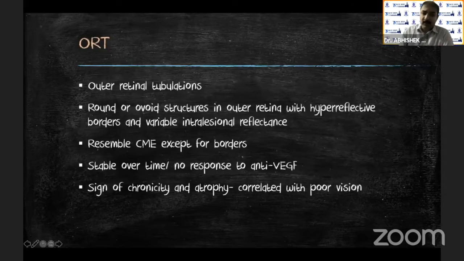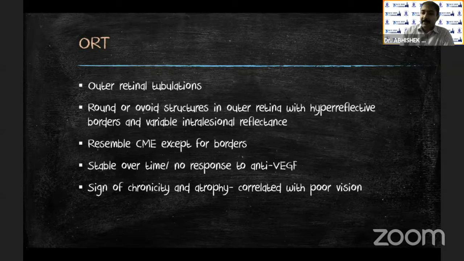Now, this is one of the most remarkable, easy-to-recognize features on your OCT. If I can mark at least these two features, here and here, these are outer retinal tubulations. They are round or oval structures in the outer retina with hyperreflective borders and variable intralesional reflectance.